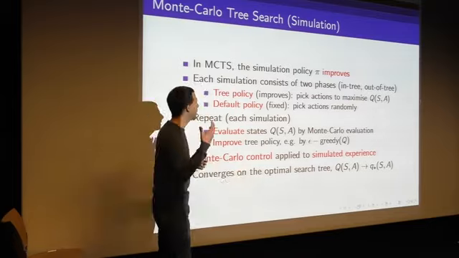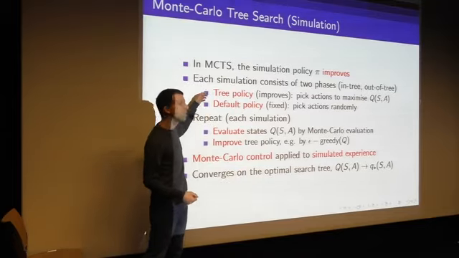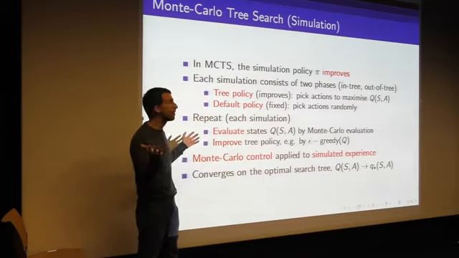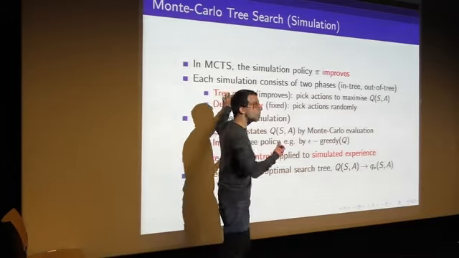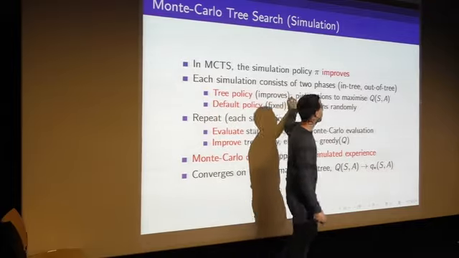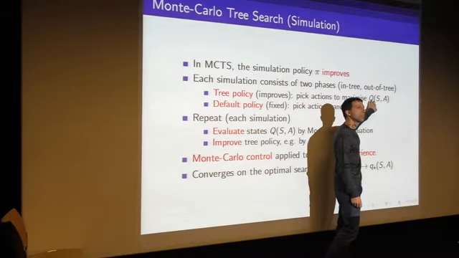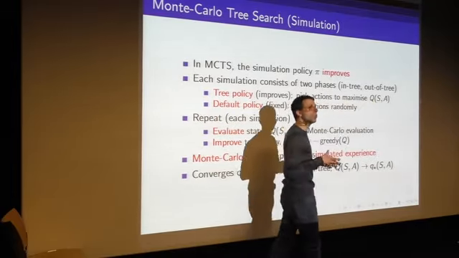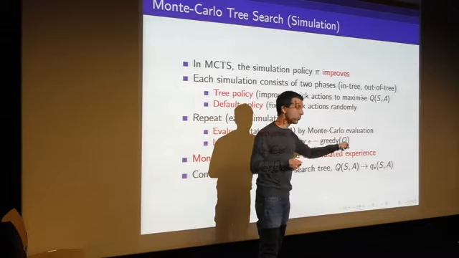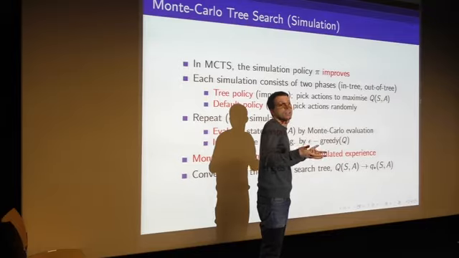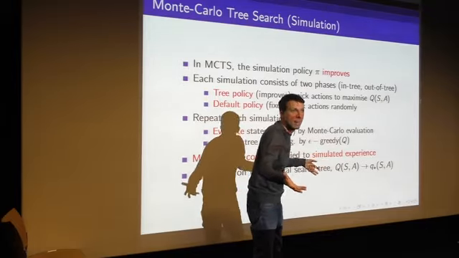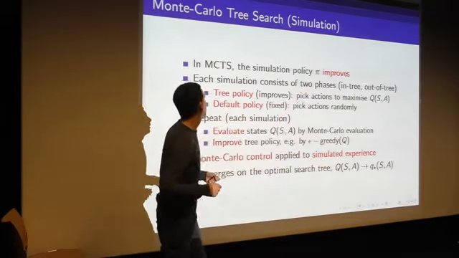So we break up our simulation into two phases, whether we're in the tree or whether we've gone beyond the tree where we just don't have any information. When we're in our tree, we improve our policy. We pick actions so as to maximize the Q values that we've got stored in our tree. At every node of our tree, I look at all the actions I can take, and I pick the action which gives the highest Q value, possibly with some exploration as well.